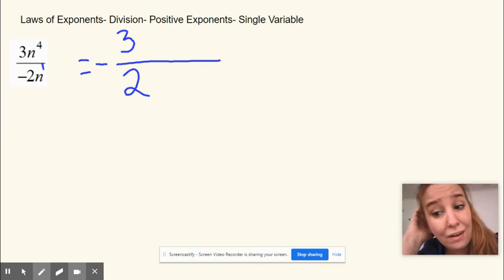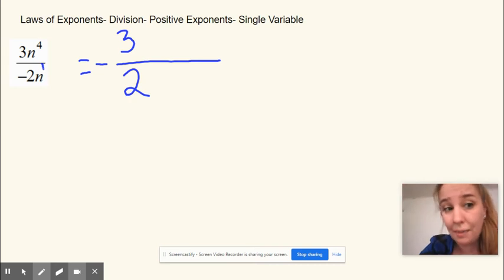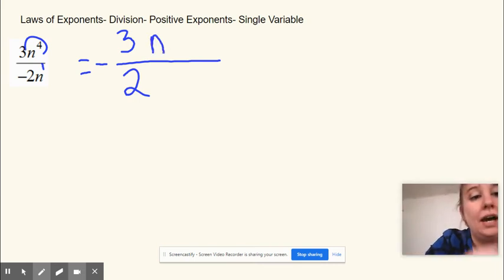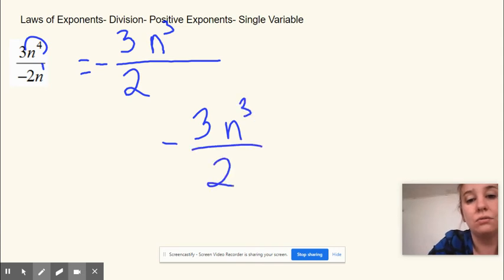So think, where is your new n going to go? Is it going to go in the numerator or the denominator? It's going to go in the numerator because the 4 on top is bigger. That's where the leftover n's are going to end up. And 4 minus 1 is 3. So just to clean that up, we have negative 3n to the 3rd over 2.